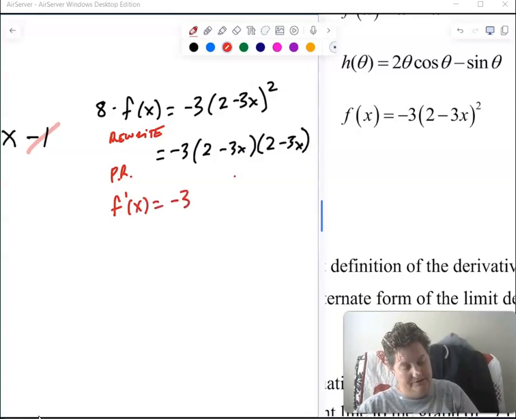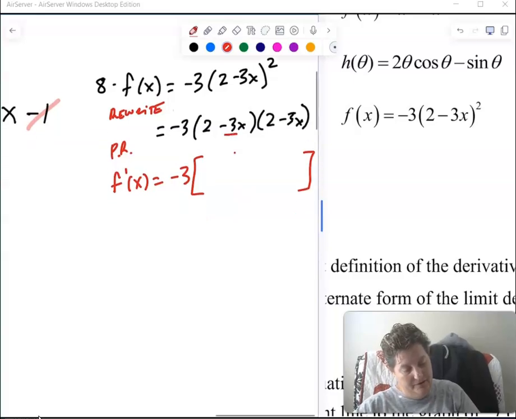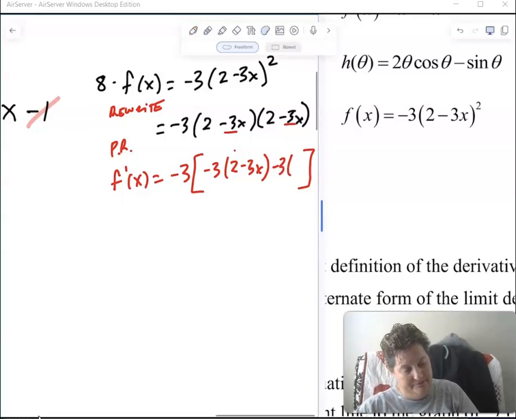Negative 3 is a constant. It just stays out front. We'll do it like that, and we go derivative of the first times the second, and then plus the derivative of the second times the first.